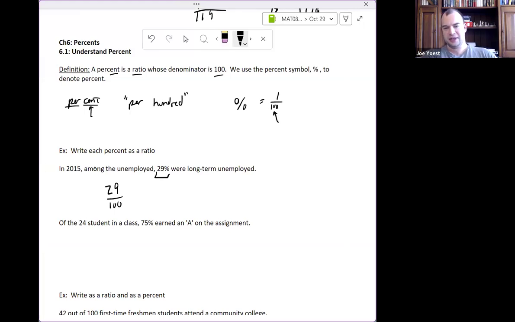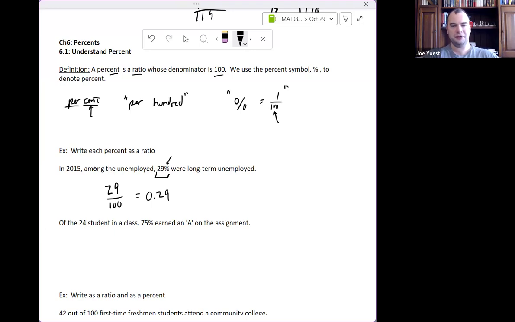Again, we can think of this percent sign as a somewhat loosely stated equals here, but it's fairly accurate. I can replace percent with 1/100th and multiply those and get 29 100ths. Or I could write this as 0.29 if I chose.